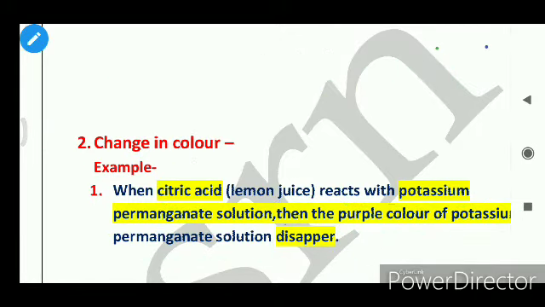We can perform the reaction between citric acid and potassium permanganate solution as follows.